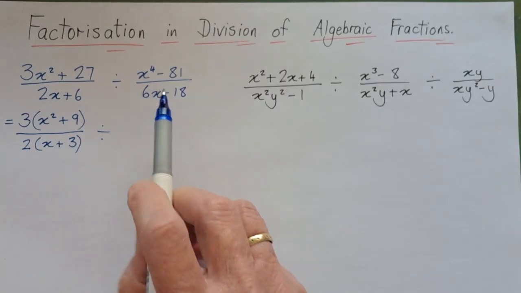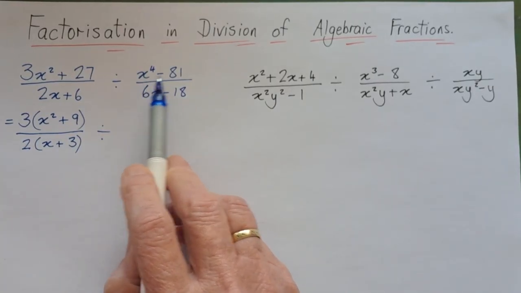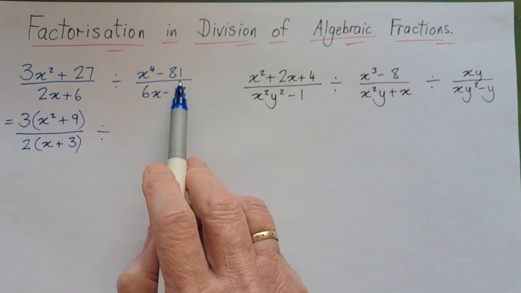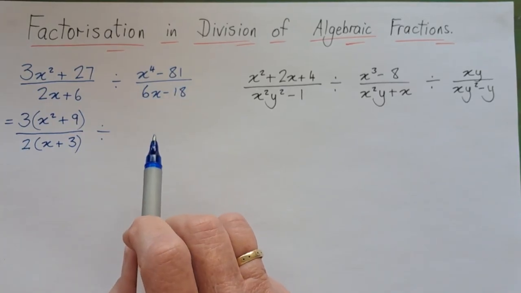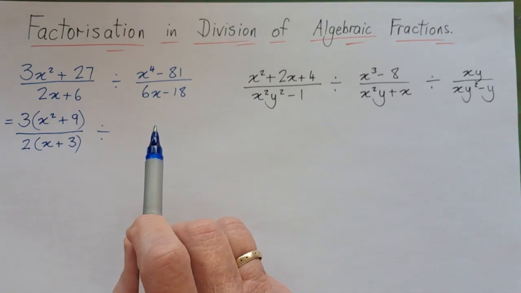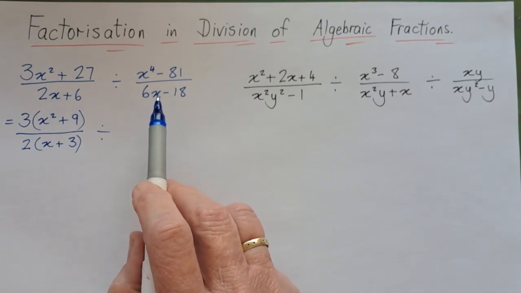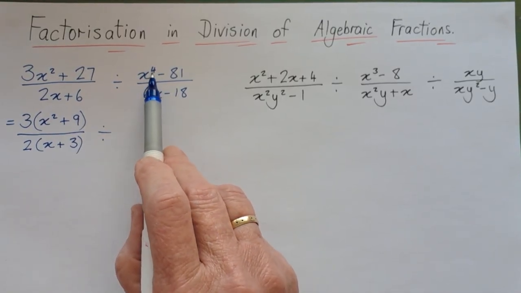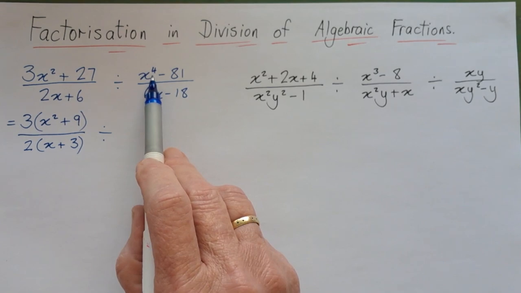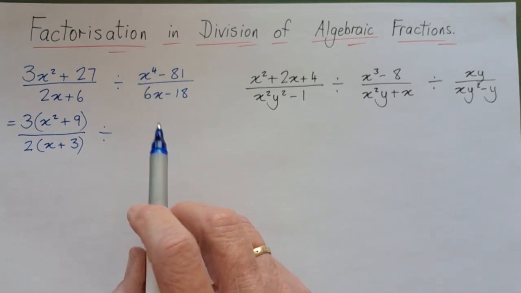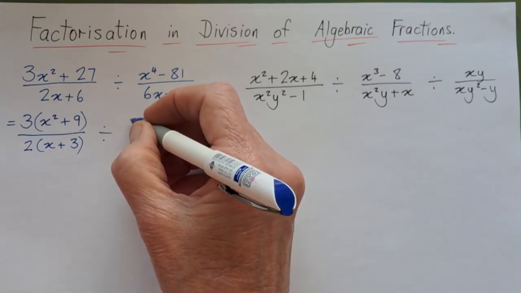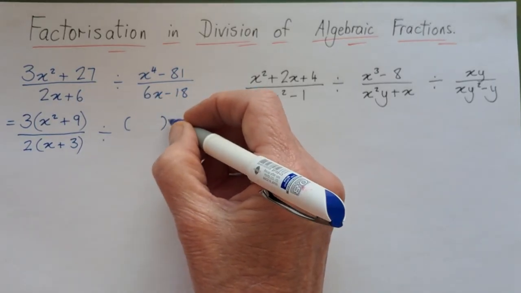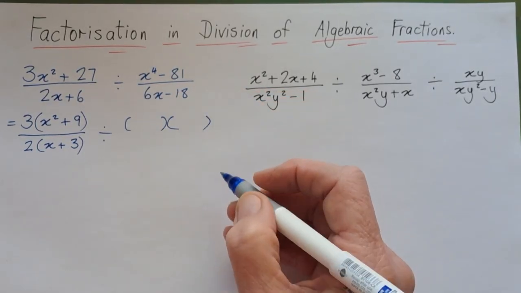So if I look at this, I've got a difference of two things. That's definitely a perfect square. Is x to the power of 4 a perfect square? Well, if we remember perfect squares when we're dealing with powers, if the exponent is an even number, then the whole power is a perfect square. So that is a difference of two squares, which is going to factorize into two brackets.